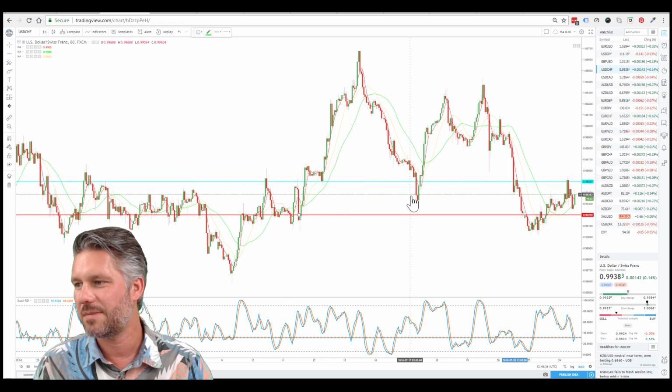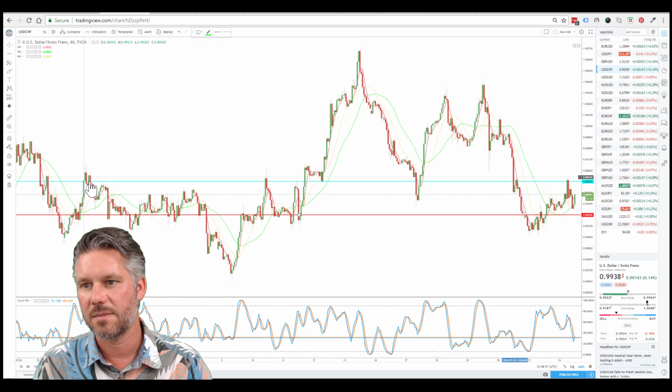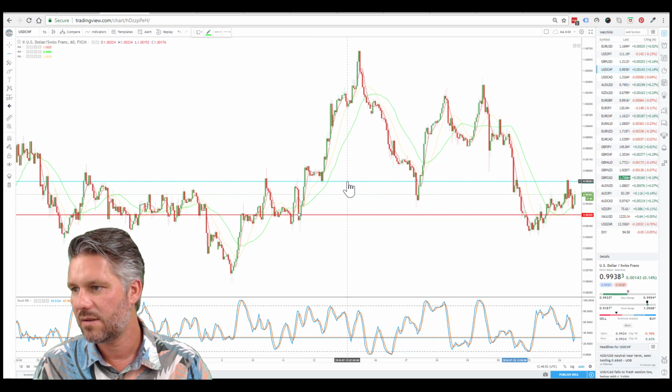What we want to be doing is being patient enough for it to break through here. And I think we've got to be a bit more generous on where we enter this trade. You can see where it comes back fairly regularly from here. Once it's past there, it doesn't seem to return.